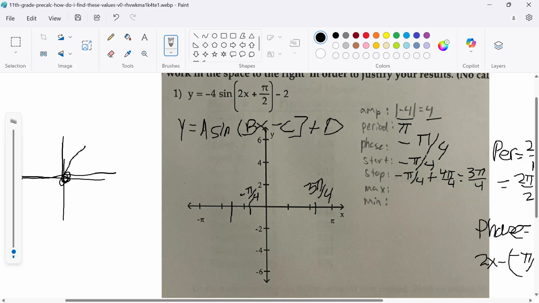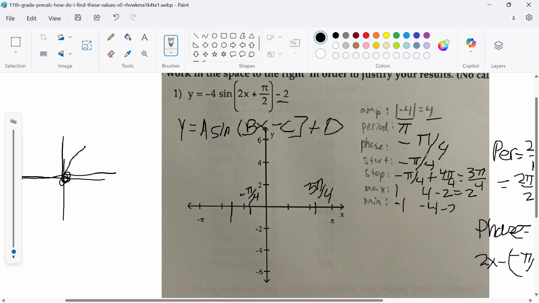The max is usually 1 and negative 1. Then I have to multiply that by a. It's going to be 4 and negative 4. I mean, 1 times negative 4 is negative 4, and negative 1 times negative 4 is 4. The max and min are still 4 and negative 4, except now I have to shift that by minus 2. 4 minus 2 equals 2.